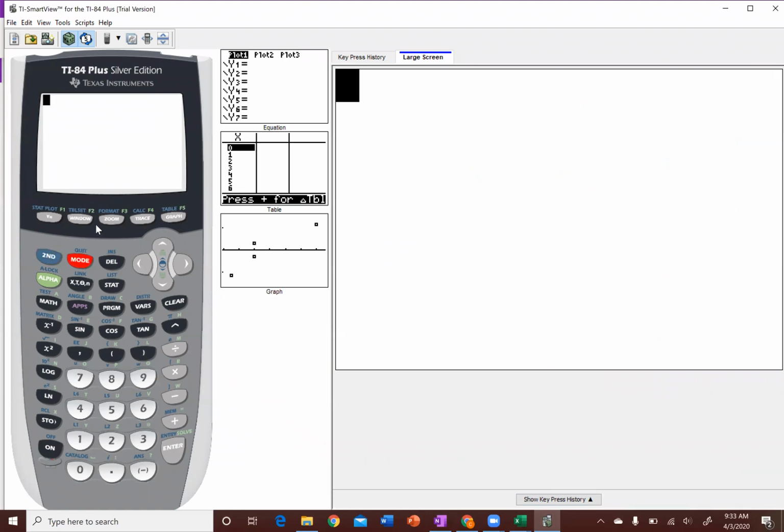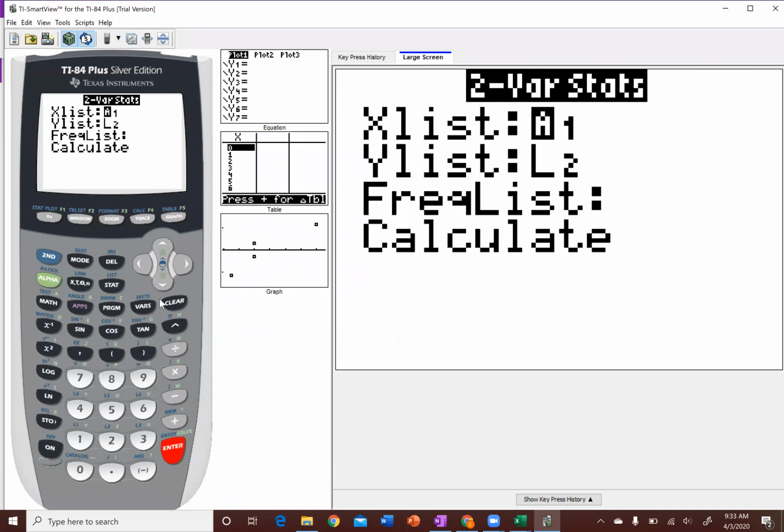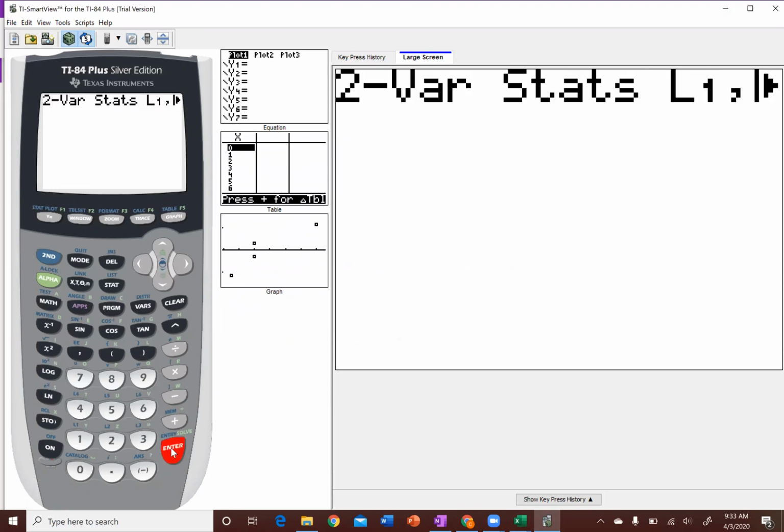And I am going to press Stat Calc, and I'm going to do two variable stat. I'm going to enter both list 1 and list 2, and you'll see what happens.